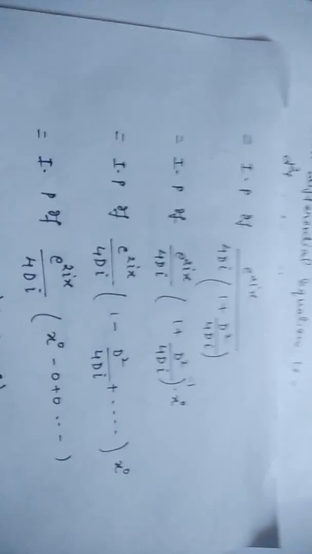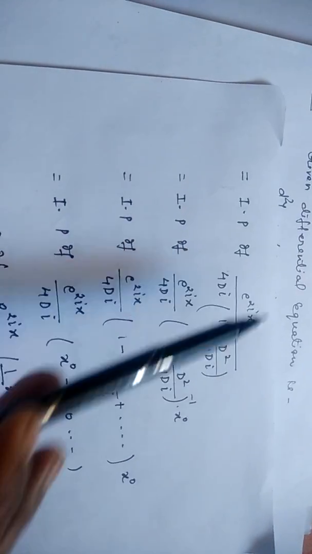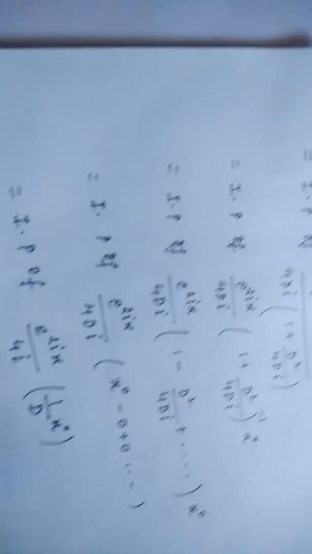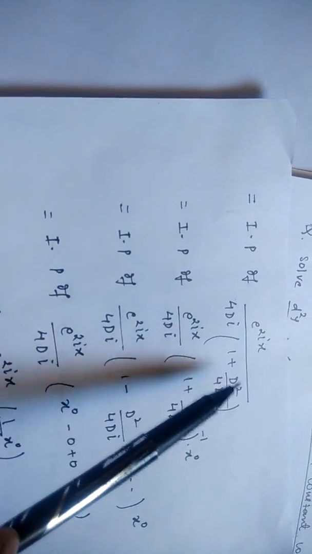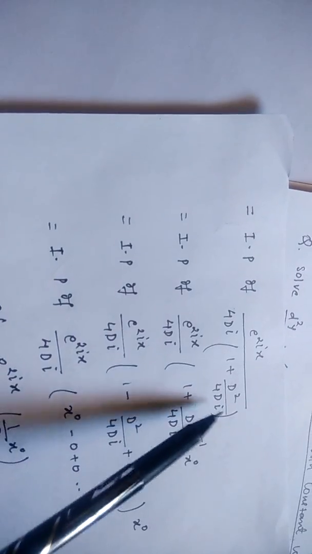On proceeding, we have the imaginary part of e to the power 2ix divided by 4di. We have taken 4di as common, and so we will get e to the power 2ix divided by 4di, 1 plus d squared divided by 4di.